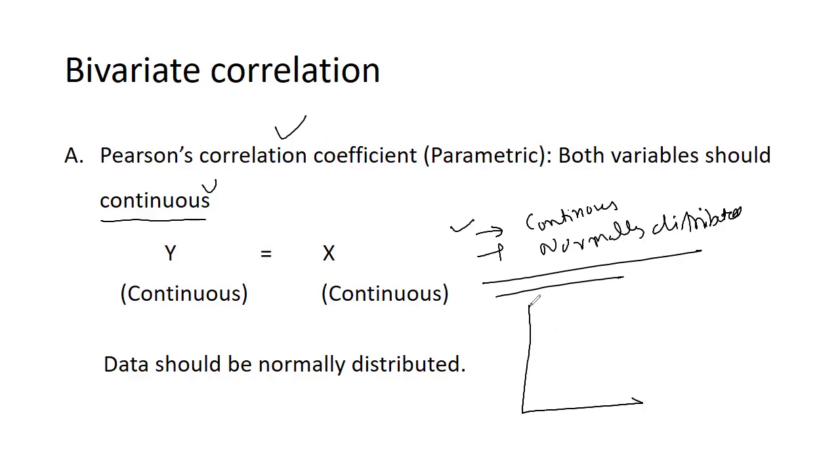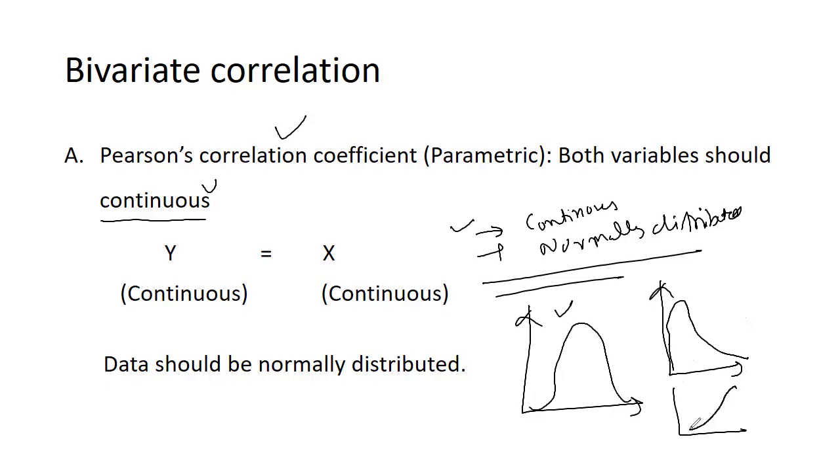Normally distributed means the normal curve should be bell shaped. If it is bell shaped, then it is okay. Our data should not be skewed, like this is positive skewness and this one is negative skewness.